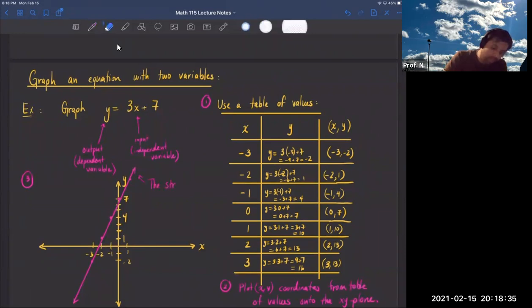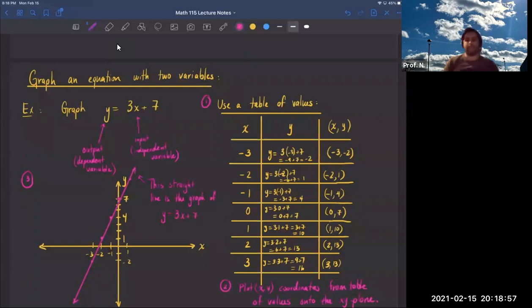I should say this straight line is the graph of y equals 3x plus 7. And that's it. Of course, eventually, we're not going to be doing this same setup every single time.